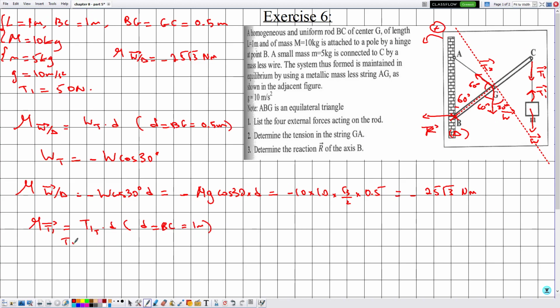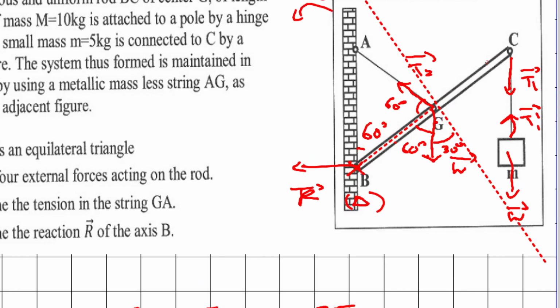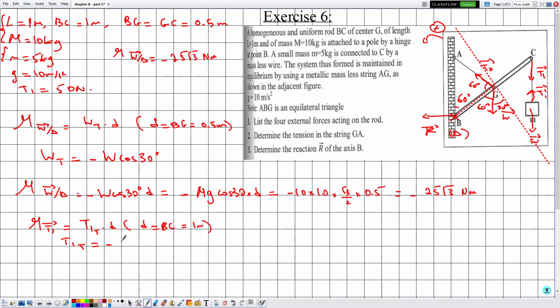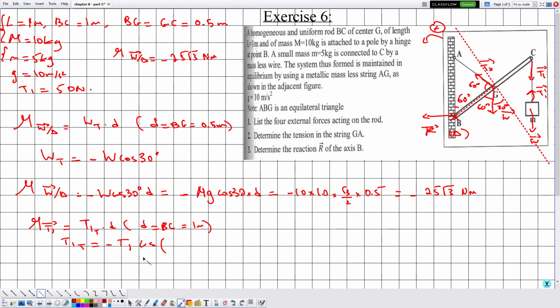Now T1 tangential, notice that T1 is in the same direction as W, which will be negative because it will try to rotate the system in the negative direction, multiplied by the magnitude T1 multiplied by the cosine of the angle. This is the radial direction, and this is the tangential direction.